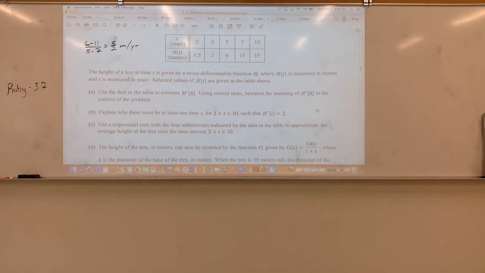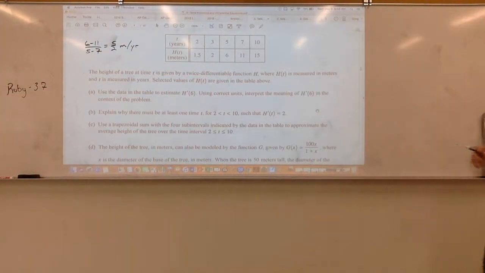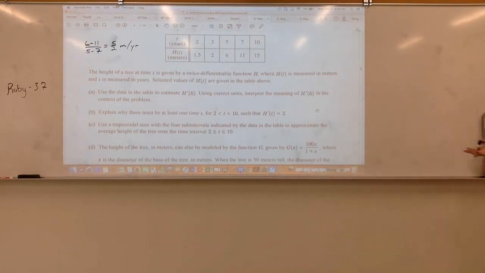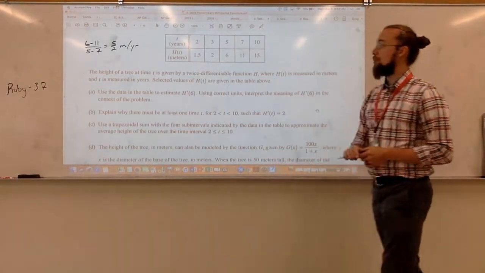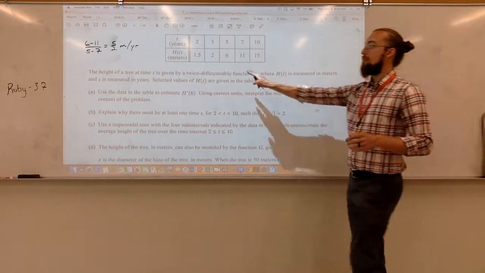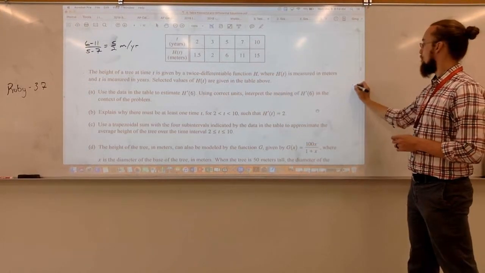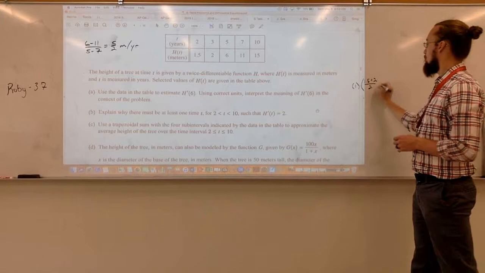So then C deals with a trapezoidal sum. Just trying to get through as much as I can. So trapezoidal sum with 4 subintervals. My first trapezoid is just between 2 and 3, and it has a height of 1, and then my bases are 1.5 and 2.